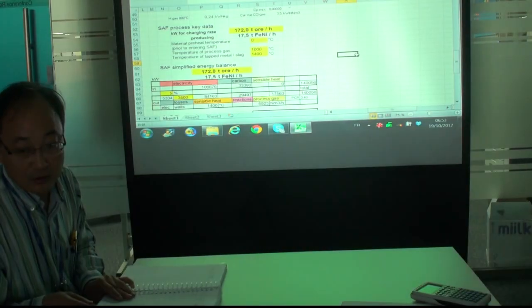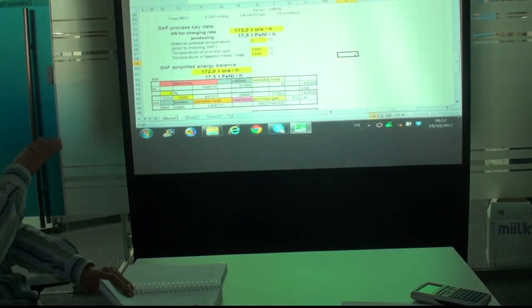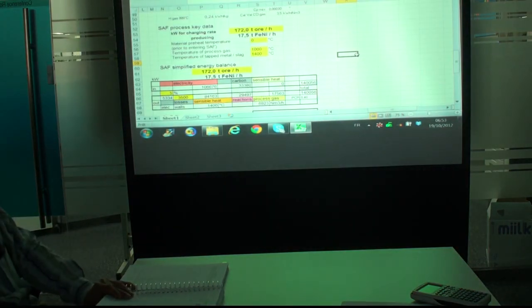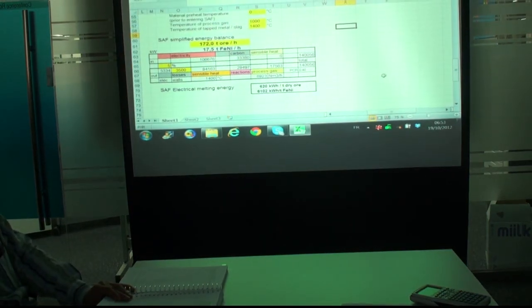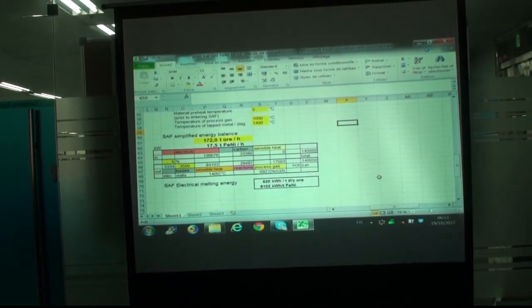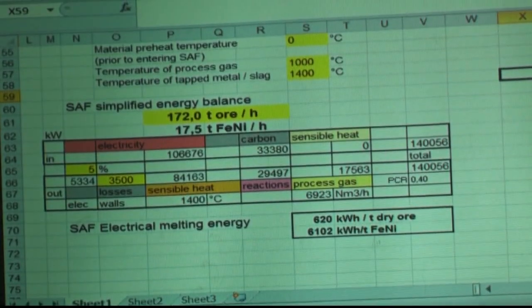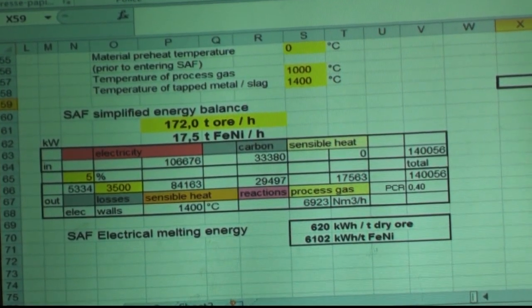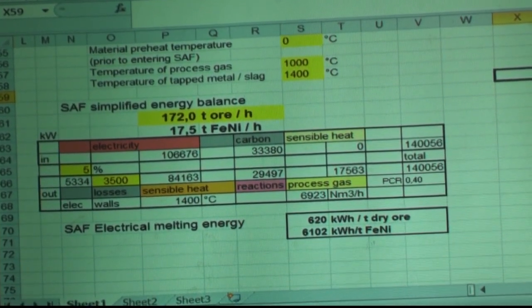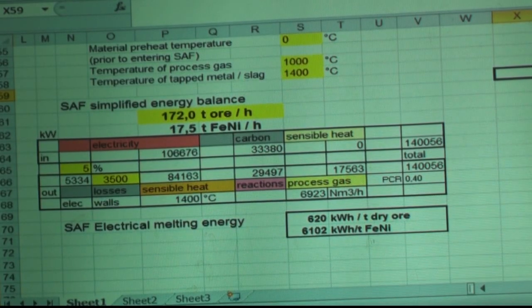As energy consumption in this grade, calcine, yeah, 500, 40, 500.